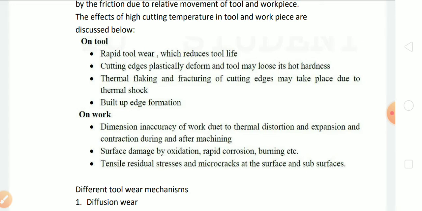If the workpiece has some stress raisers or invisible cracks formed due to the blunt edges of the tool, it will increase the residual stress, which may become a factor for the complete failure of the workpiece.